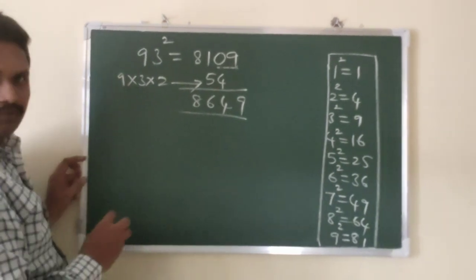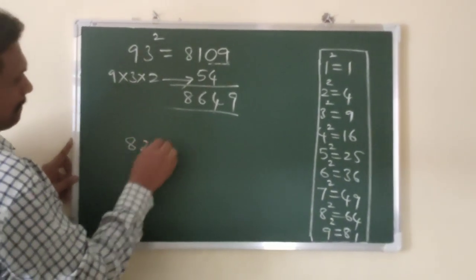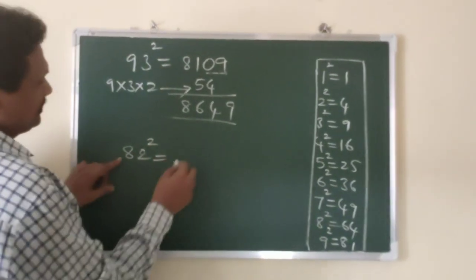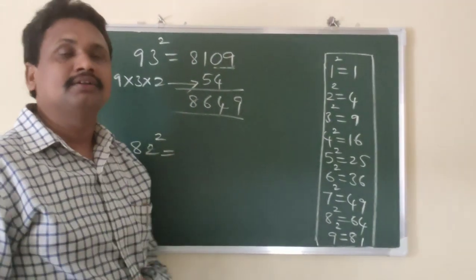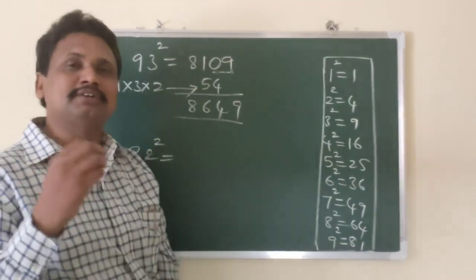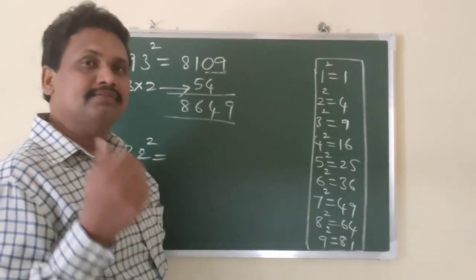For example, you want to find 82 square. 8 square is 64. 2 square is 04, which you want to write. After that, 2 twos are 4, 4 eights are 32. If I say it like this you can't understand, that's why I am writing 8 into 2 into 2, or 2 into 2 into 8. 2 twos are 4, 4 eights are 32. Observe: 4, 2, 2, 7, 6. That's all. That was easy to find squares. I am explaining slowly, but if you practice once, you will get speed and the answer within 2 seconds.